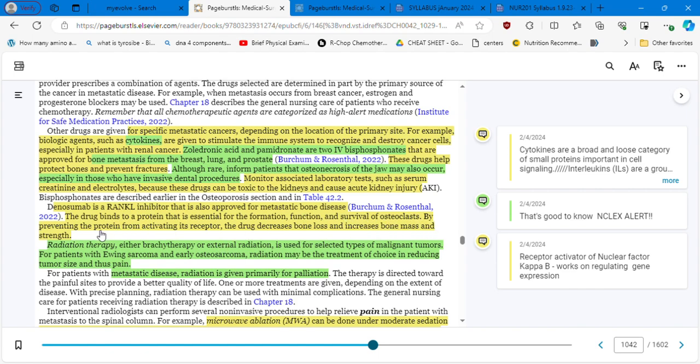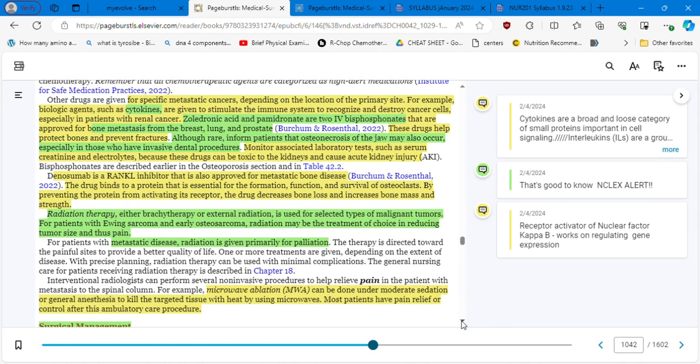By preventing the protein from activating its receptor, the drug decreases bone loss and increases bone mass and strength. And it's good that we have already reviewed several times what osteoclasts are, their activity, what osteoblasts are and their activity. So when we read this information, we are totally familiarized and we understand the extent of the drug management.